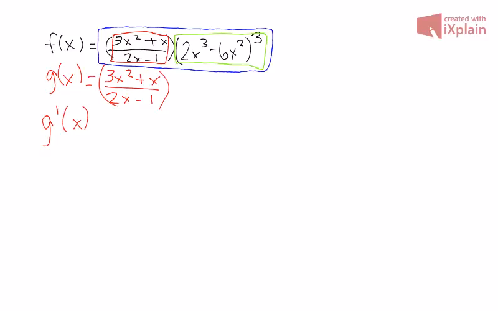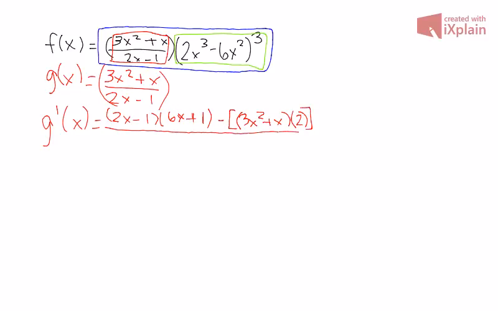So I have the derivative of this, which is the bottom function, times the derivative of the top function, 6x plus 1, minus the top function times the derivative of the bottom function, which is just 2, all divided by the bottom function squared.